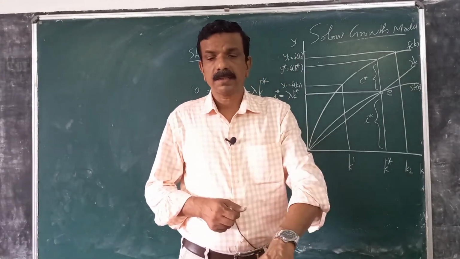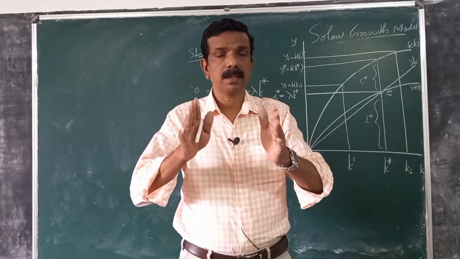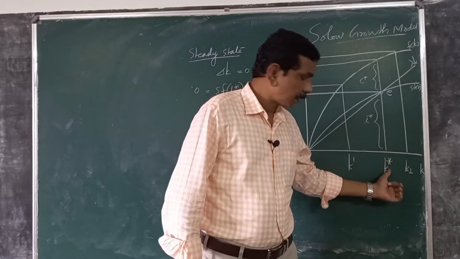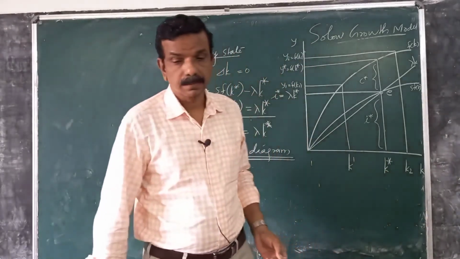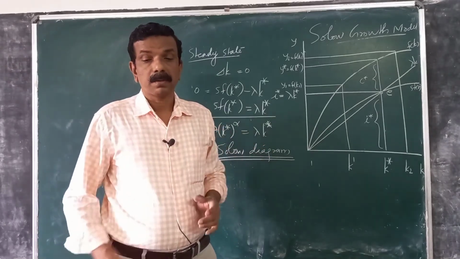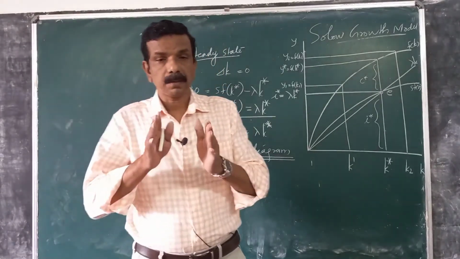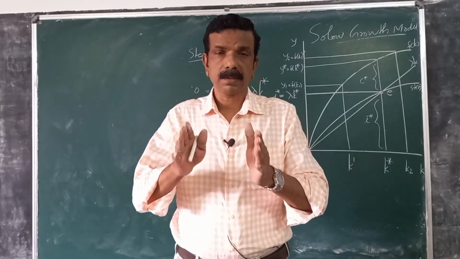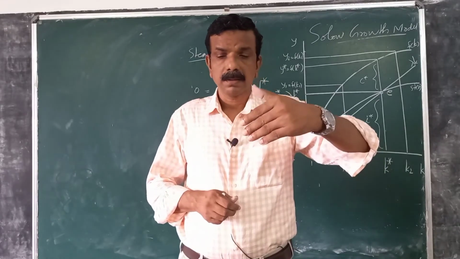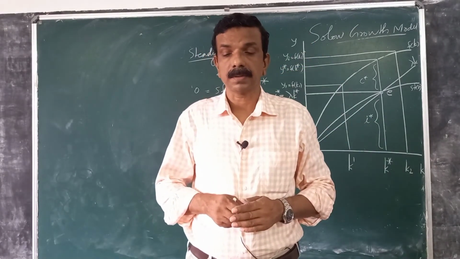And as the figure shows, there is only a single k by L at which the amount of investment is equal to the amount of depreciation. And if the economy is at this level, the capital stock neither increases nor decreases.